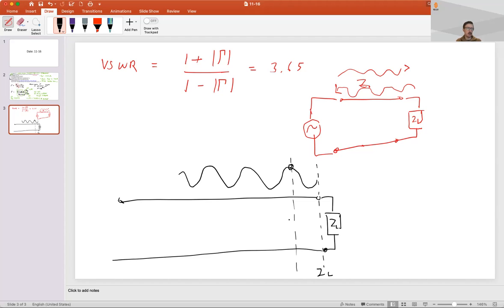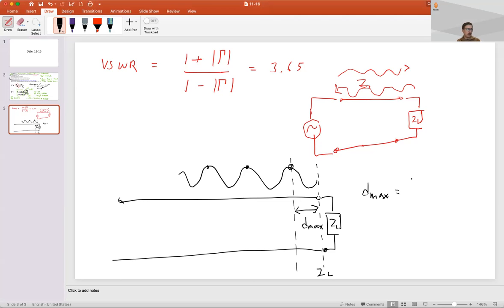The next two questions are asking us about the position of the voltage maxima and the current maxima near the load. This is some distance that we're interested in. We can see that there are going to be many maxima that we could find, so the maxima will be repeating.